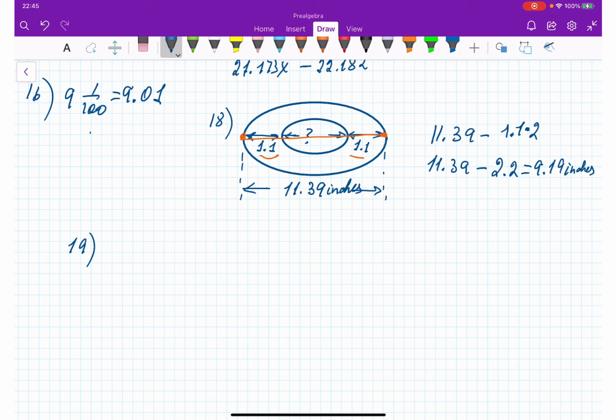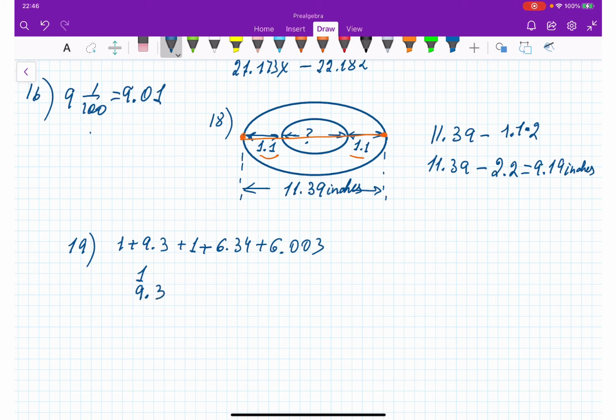We need to add 1, 9.3, another one, 6.34, plus 6.003. Okay, let's add 1, 9.3.